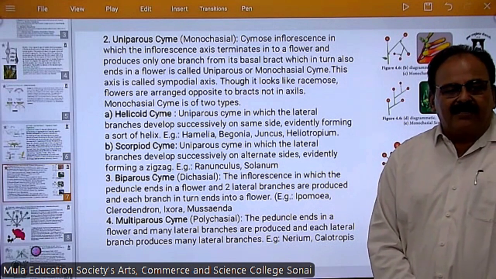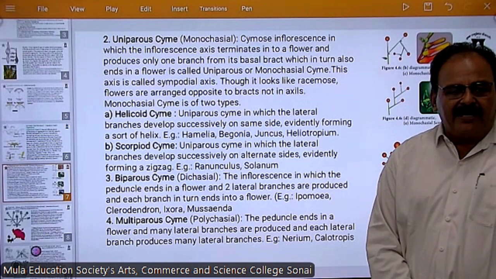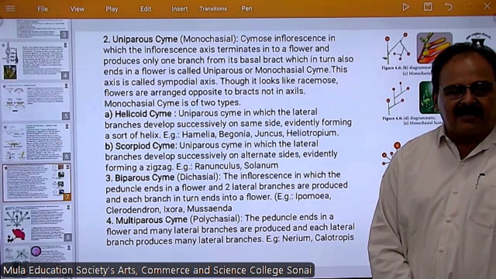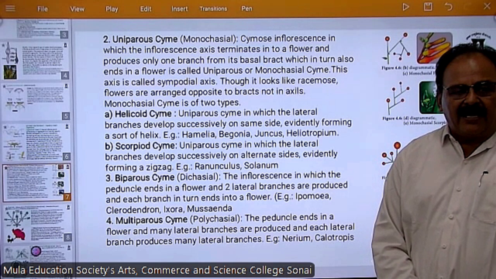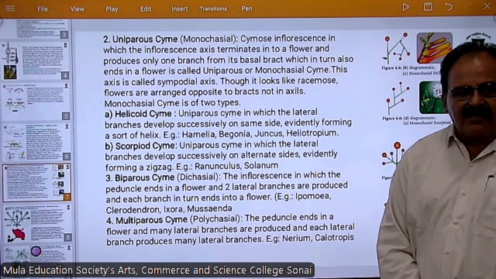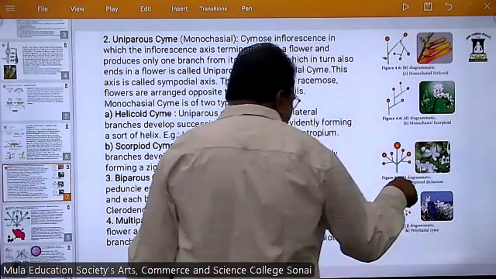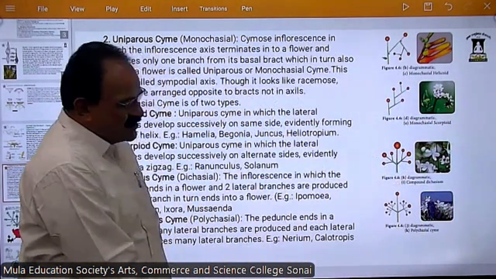The peduncle ends in a flower and many lateral branches are produced, and each lateral branch produces many lateral branches, for example, Calotropis or Nerium. And these are the flowers or the examples.